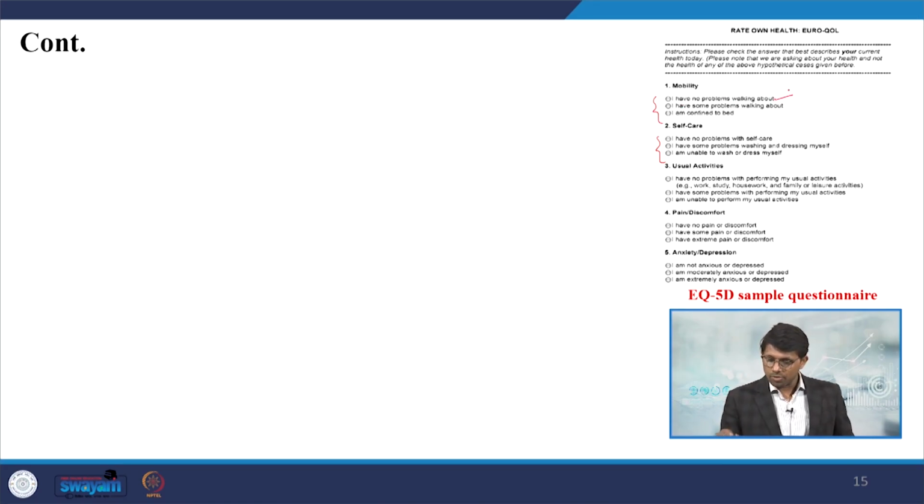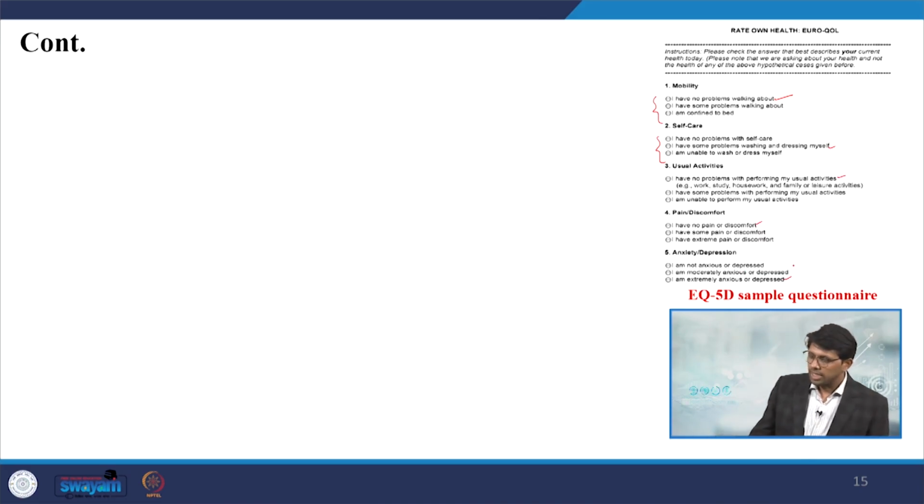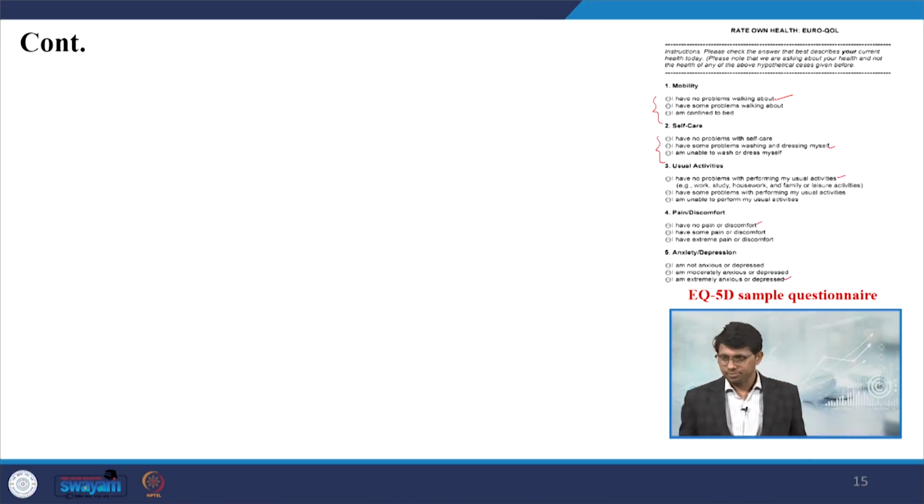And in another question, one might pick up these. In another case, the same person might pick up these, some person might pick up these. So, in that case, this is just one combination.